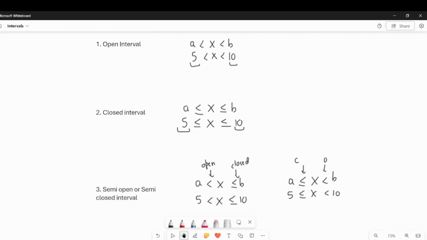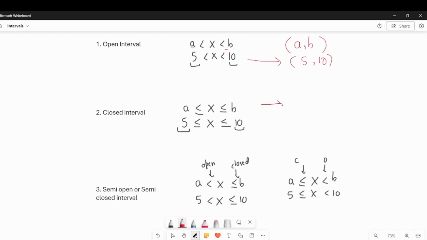Now there's another way of representing intervals, and that is called the interval notation. To represent an open interval, we put the numbers inside parentheses. So if x is greater than a and less than b, in interval notation I can write it as open parenthesis a comma b. In this example, it will be open parenthesis 5 comma 10, which says that it can take all the values between 5 and 10.